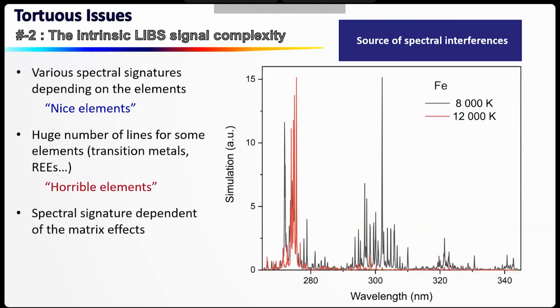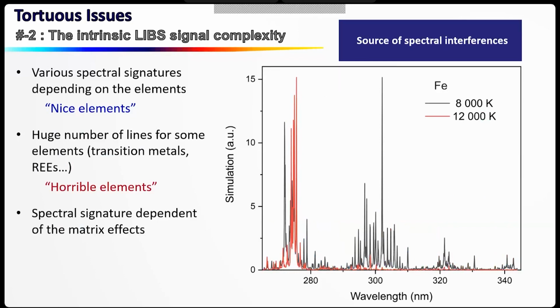The other point is that we have matrix effects, as I said. The matrix effect is also related to the plasma temperature and electron density. In some cases, you can observe 2 very different spectral signatures from 2 different matrices, but in fact it is the same element. This is the case for iron.